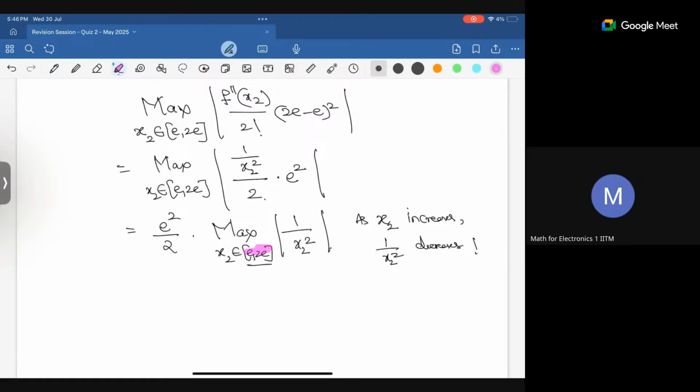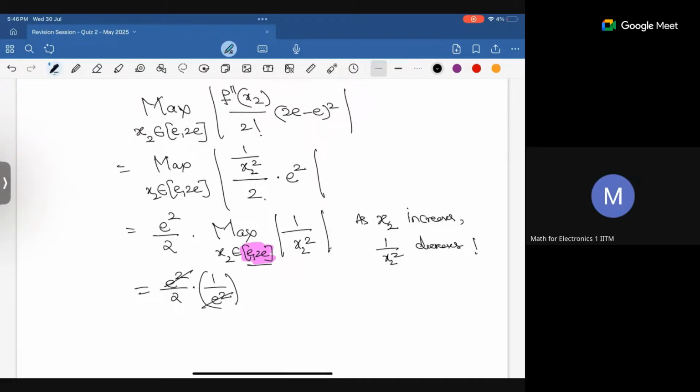We only concentrate in this interval. Yes, sir. In this interval, we'll get the maximum value at e. So therefore the maximum will be attained at e. For any other value, the value is lesser than 1 by e square. So therefore this will just be 1 by e square.